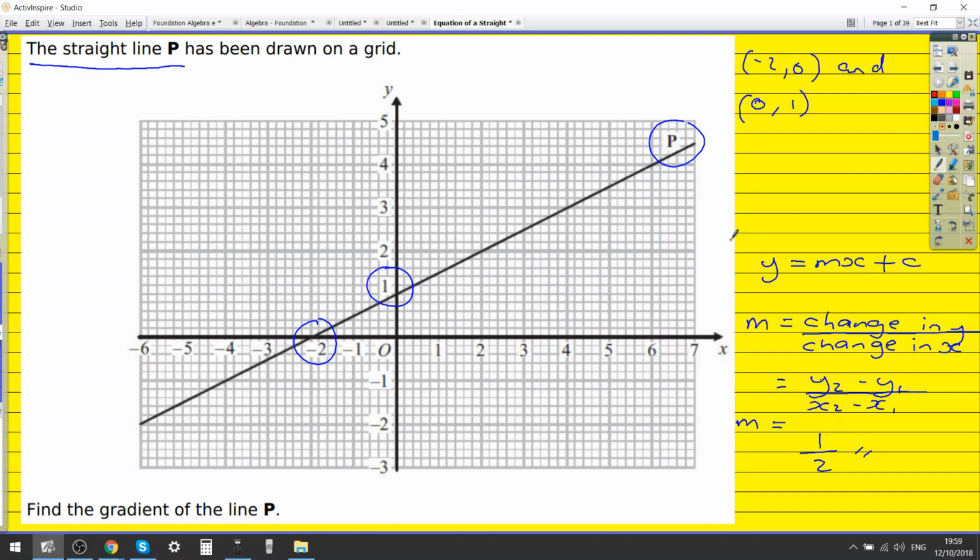If it has a negative gradient? Oh, is it the line will go down? Line goes down, yeah.